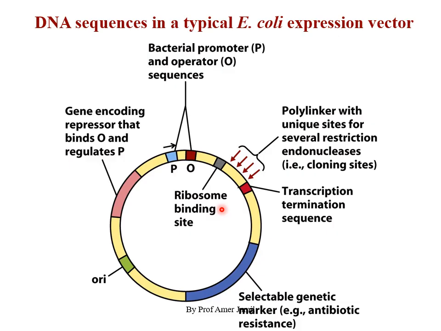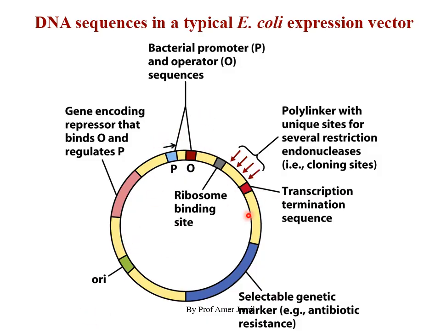And this is the ribosome binding site for attachment to the ribosome at the correct place so that the first codon of the messenger RNA comes in place at the ribosome. And this is the selectable marker. At least one antibiotic marker should be there in any of those vectors. And this is the transcription termination sequence, and this is the origin of replication.